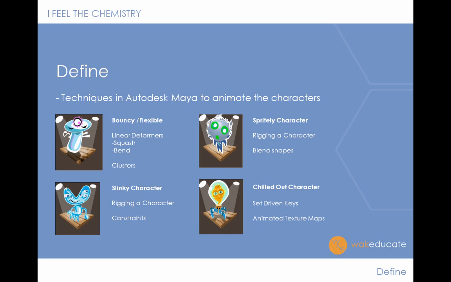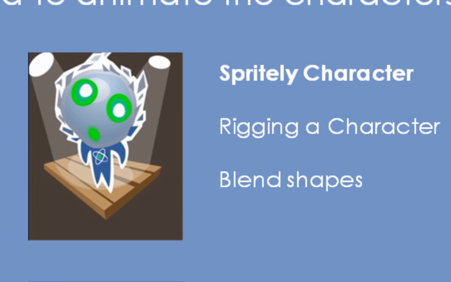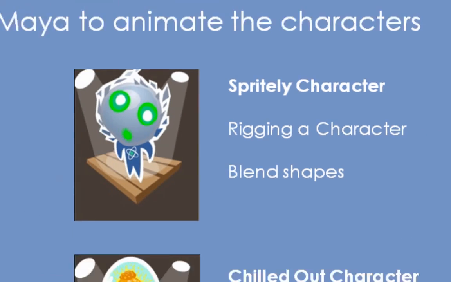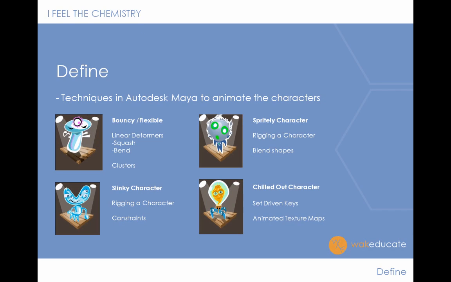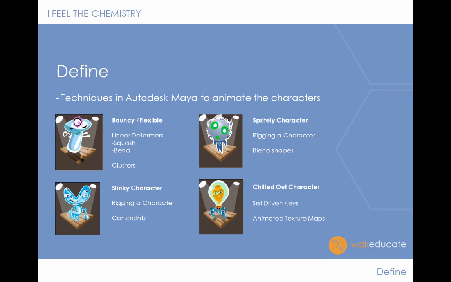In terms of plutonium, this is a sprightly character, so it needed to be rigged, and also the use of blend shapes for the mouth movements, which would make life a little bit easier. The slinky character, or the silver, once again needs rigging, and obviously constraints for the eye movements, so the eyes can follow the constraints.